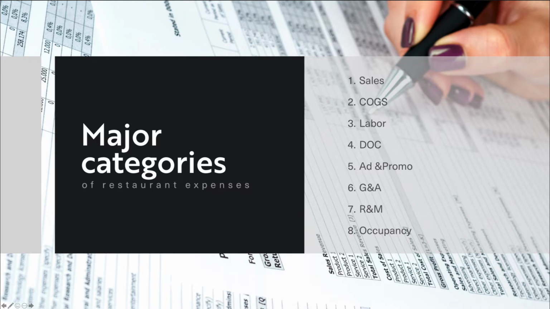Beginning at the top, we have sales, followed by cost of goods, labor expenses, direct operating costs, advertising and promotion, general and administrative, maintenance costs, and occupancy. We're going to briefly cover these different categories. However, we do have a really comprehensive profit and loss statement article on our website at rasiusa.com.